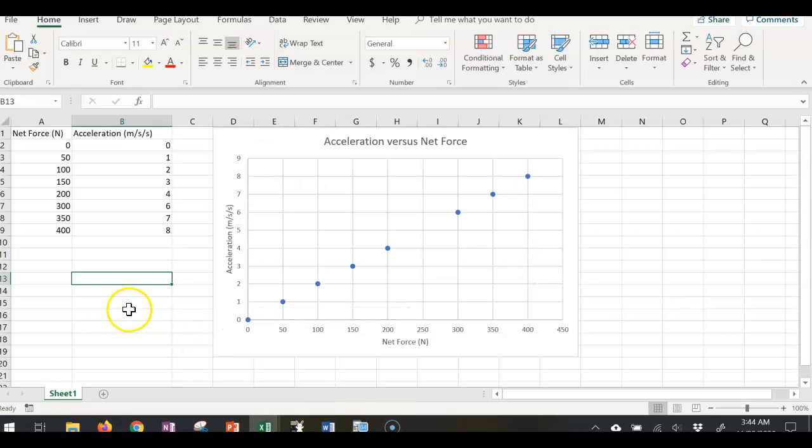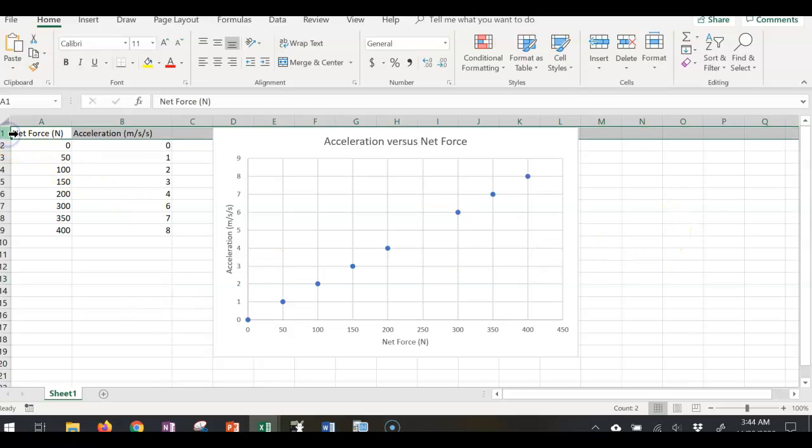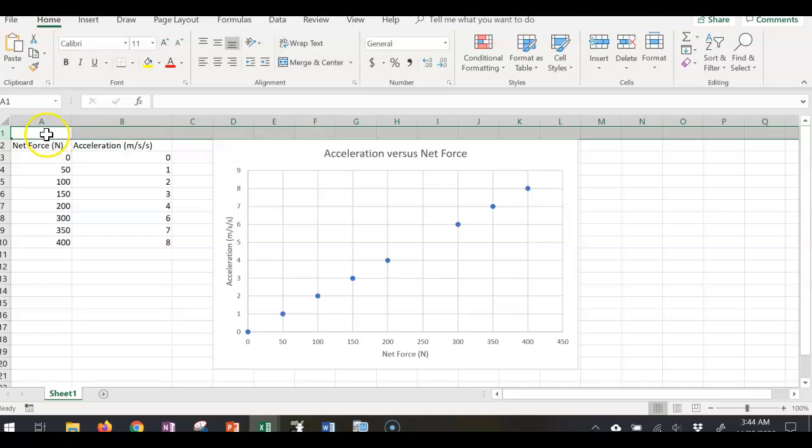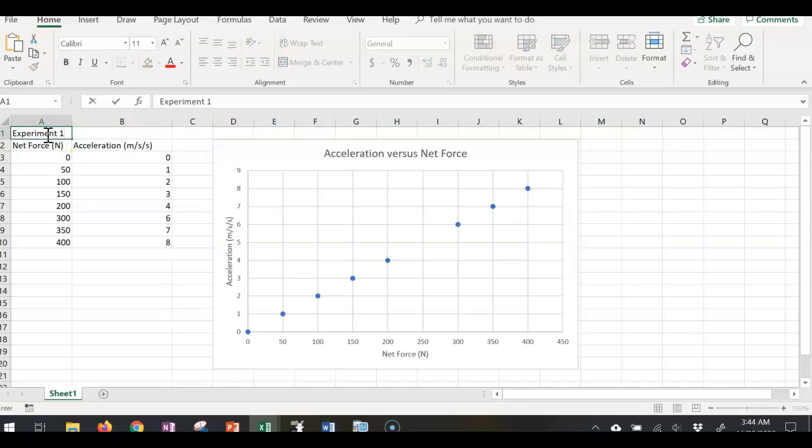So I'm going to work in the same Excel file that I used for experiment 1. In fact, maybe I will come over here to row 1 and do a right mouse click and insert a row so that I can label my first data table as experiment 1.